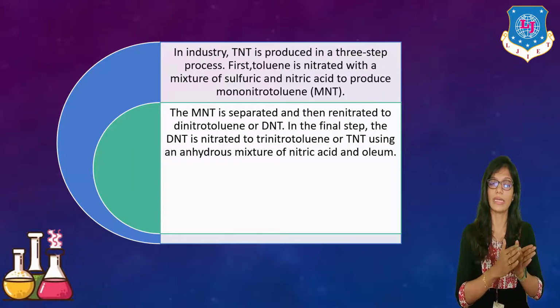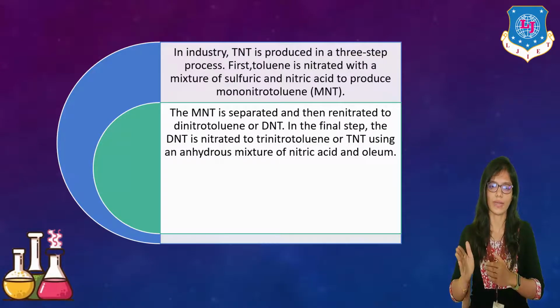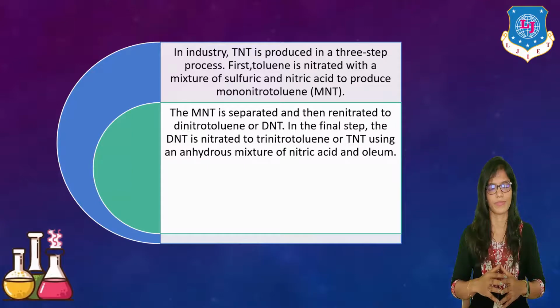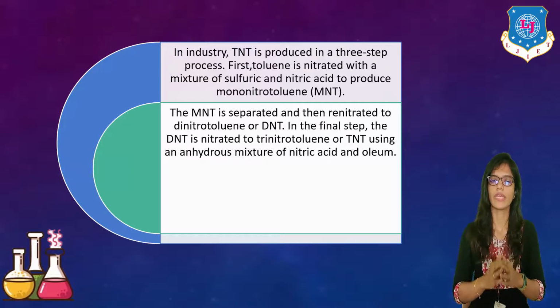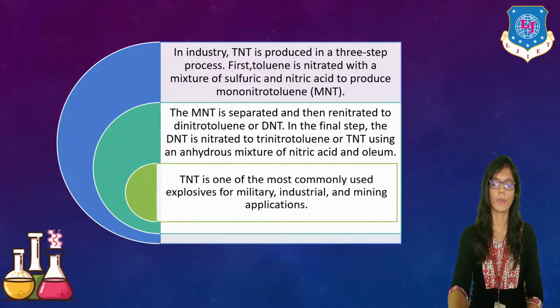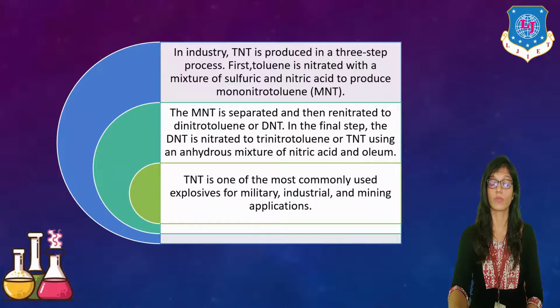So MNT to DNT to TNT using an anhydrous mixture of nitric acid and oleum. In this manner we get our TNT. TNT is one of the most commonly used explosives for military, industrial, and mining applications.